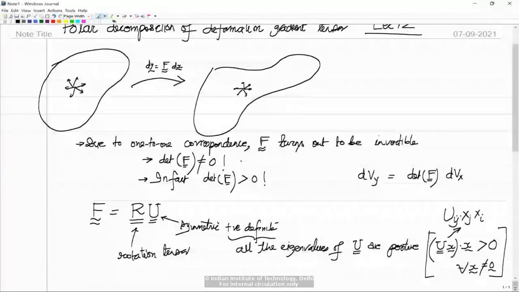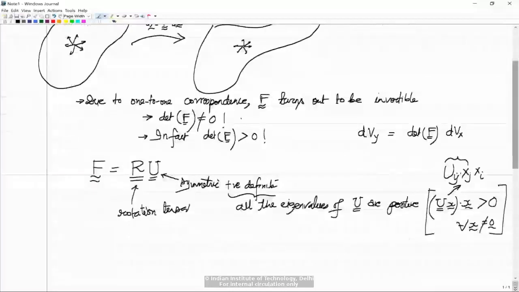Simply, you see, first of all you have to do Ux, which is a matrix times a vector, which is this thing, U_ij x_j. And once you have Ux, which is itself a vector now, it has to be dotted with vector x again. Okay, so that's the property for positive definiteness.